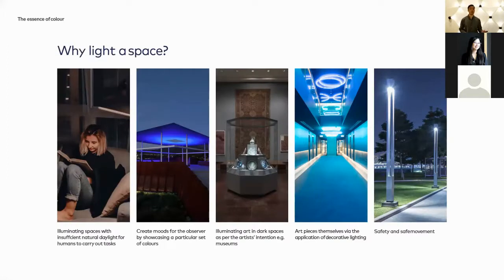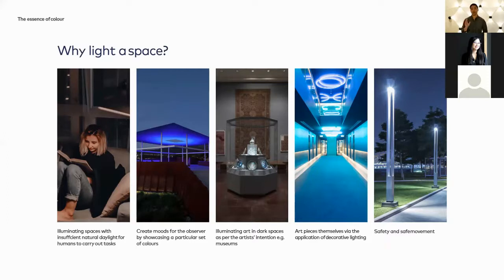But with the importance of colour, we're surrounded by artificial light just as much. From these 5 examples you see in front of your screen, from when it's too dark and we need light to still be able to carry out tasks, from if we're an artist, trying to exude certain moods to the audience themselves, or even to get home safely to our loved ones at night time.